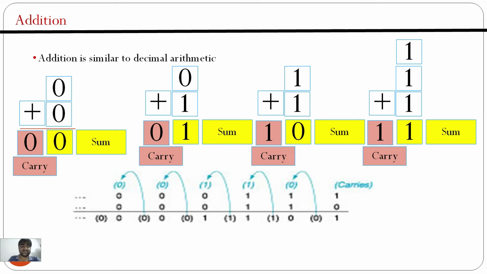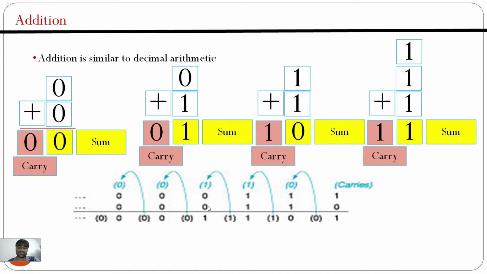As per example, look at this addition operation. 1 plus 0 is 1 according to this, and 0 will be the carry, and this carry propagates to the next. So 0 plus 1 plus 1, that is again 1 0. So 0 will be the sum and 1 will be the carry, and this carry is propagated to the next. So 1 plus 1 plus 1 is 1 1. So this is the sum and this is the carry, and this carry is added with 0 plus 0.